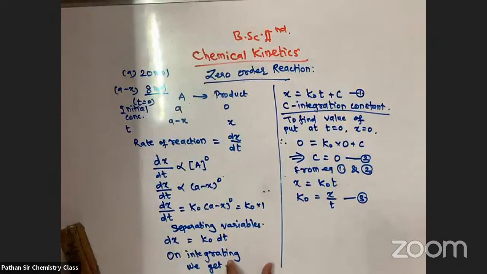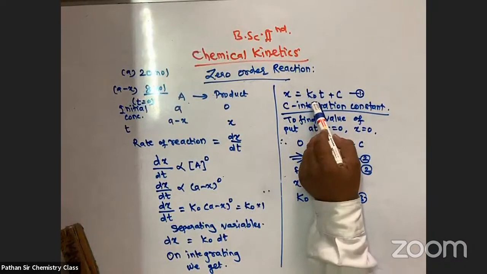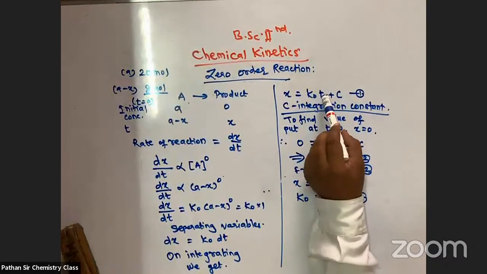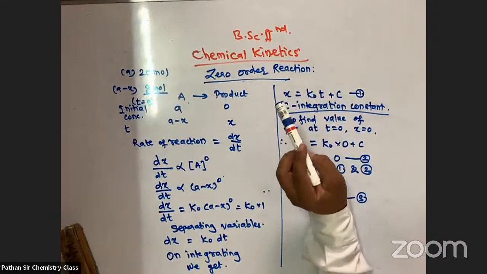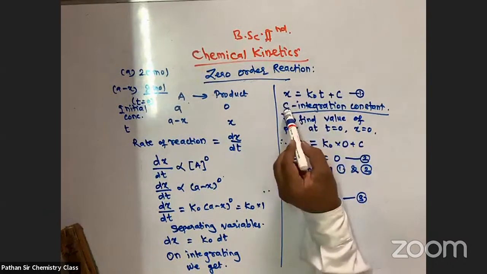Then on integrating, this is an indefinite integration. There is no limit. Therefore, we get x is equal to k0 t plus c. Here t is time and c is the integration constant.